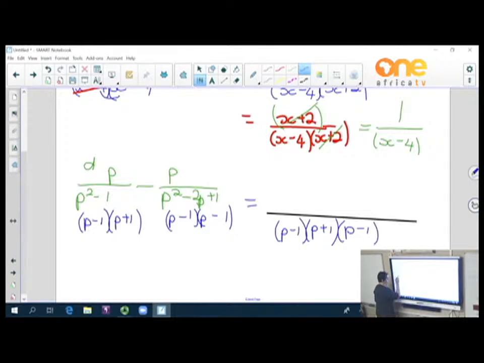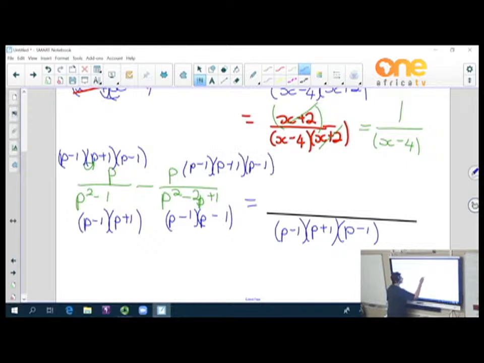So the LCM is then p minus 1, p plus 1, p minus 1, and here p minus 1, p plus 1, p minus 1. And now I can cancel. So these two are going to cancel out.